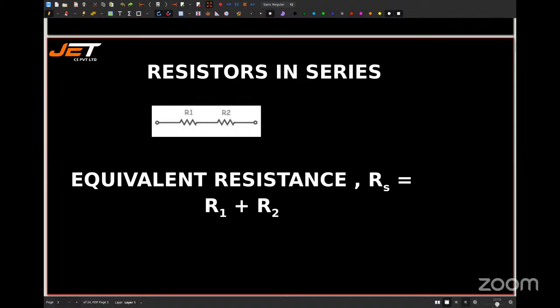For example, let's say this is resistor R1 and this is resistor R2. Let's say this is point A and this is point B. If we want to find the total resistance, we can directly find Rs is equal to R1 plus R2. This is called equivalent resistance or total resistance.